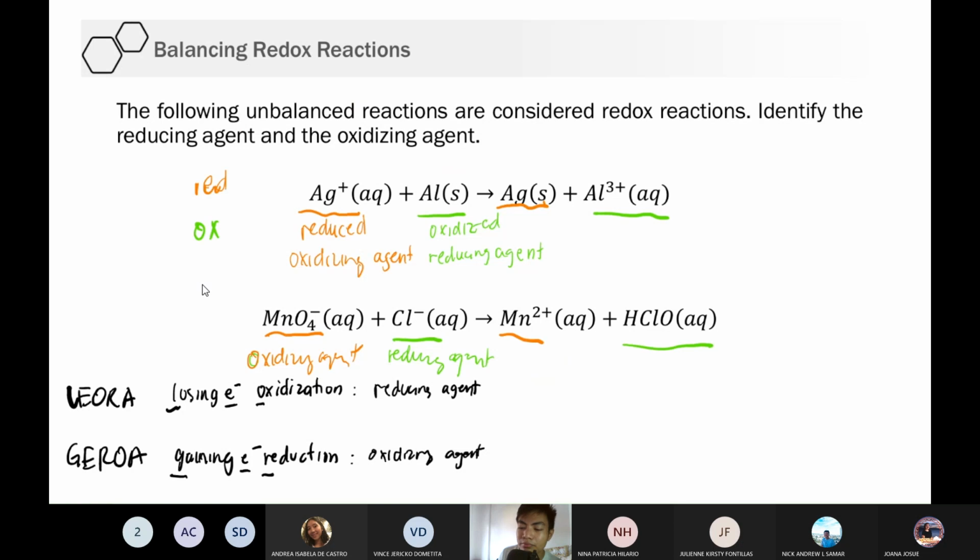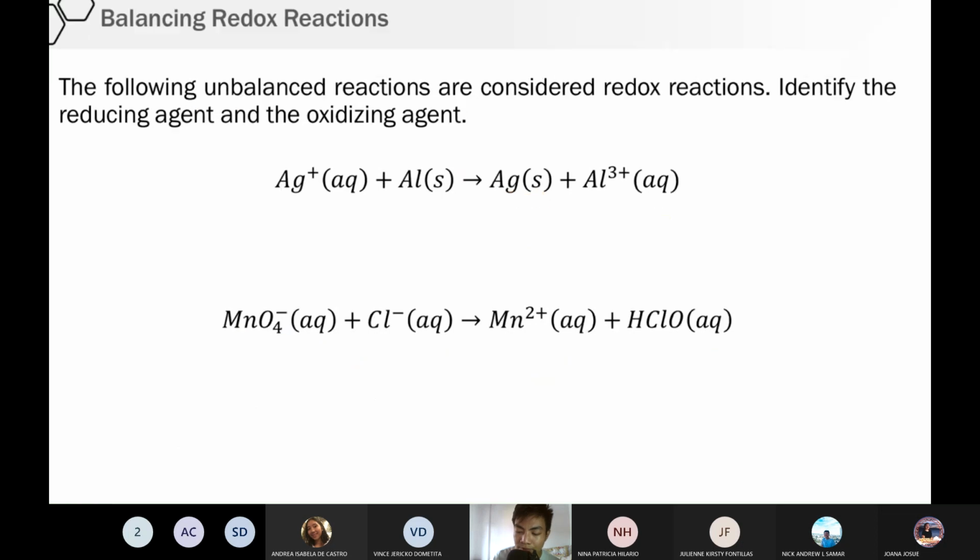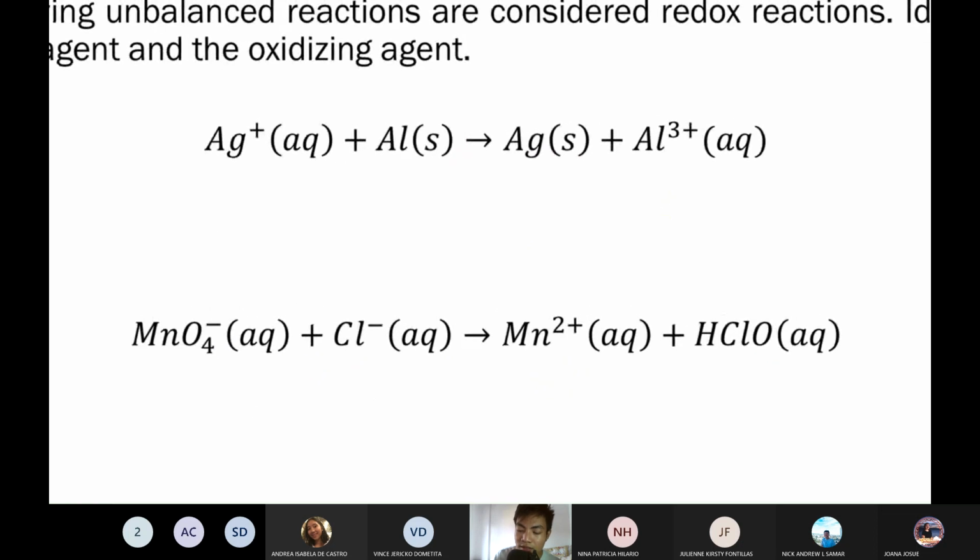Okay? So, yan. Now, the question is ganito. Hindi ba kayo nagtataka? Kasi, look at this. It seems that this equation on the top is balanced. It seems, kasi yung atom ay isa, aluminum ay isa. So, balance yung atoms nila. However, the charges are not.